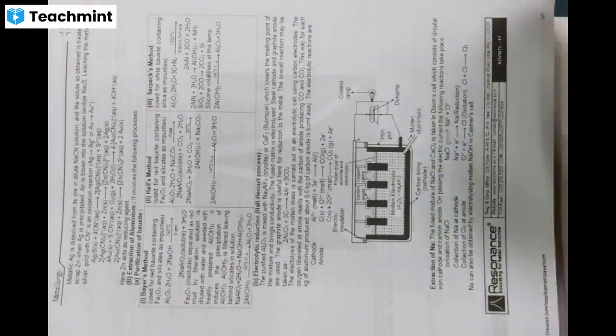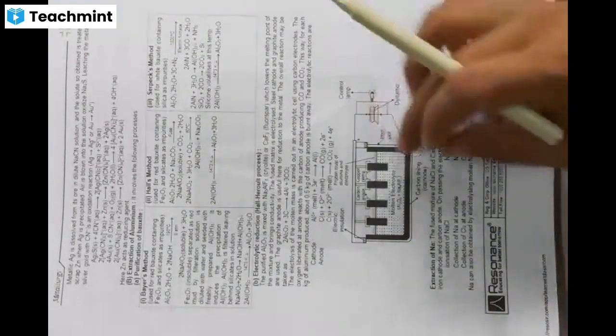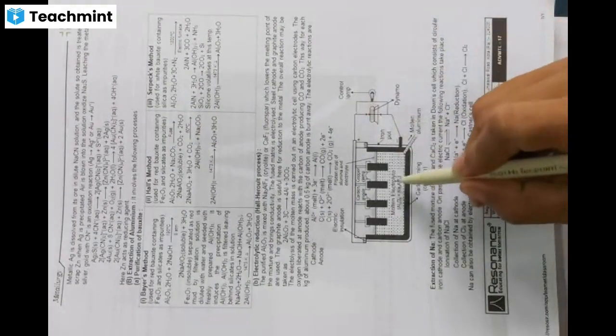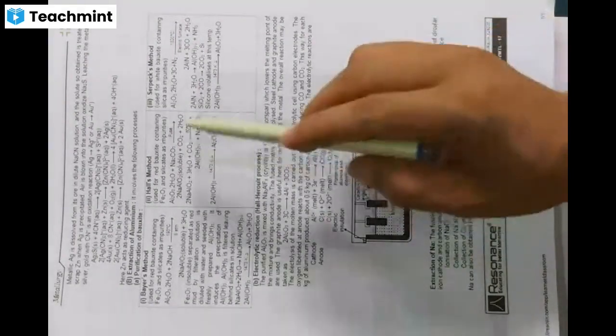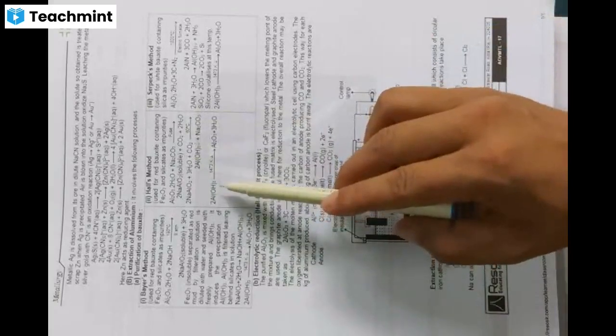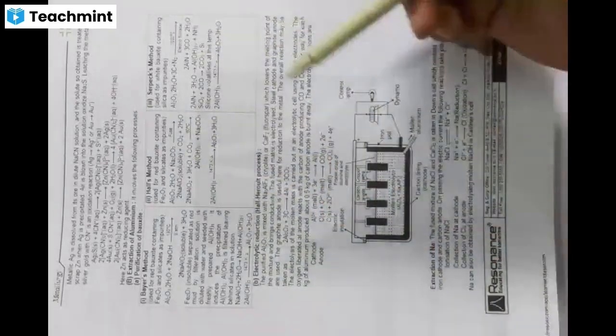So by supplying current, and due to the presence of the electrolyte, the molten aluminum trioxide will be broken down and the aluminum metal will be extracted profitably.